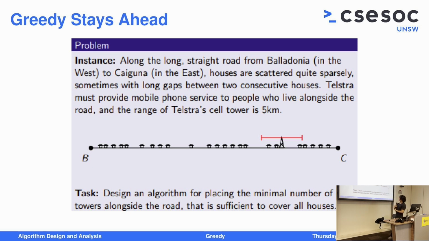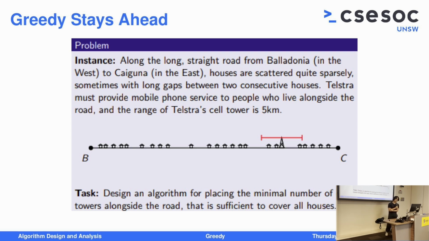Next, we have the next type of proof for a greedy algorithm, and this is greedy stays ahead. For this, we'll look at cell tower placement. You're probably also familiar with it. So, what's the problem? Along a long straight road from Baladonia in the west to Kaiguna in the east, houses are scattered quite sparsely, sometimes with long gaps between two consecutive houses.